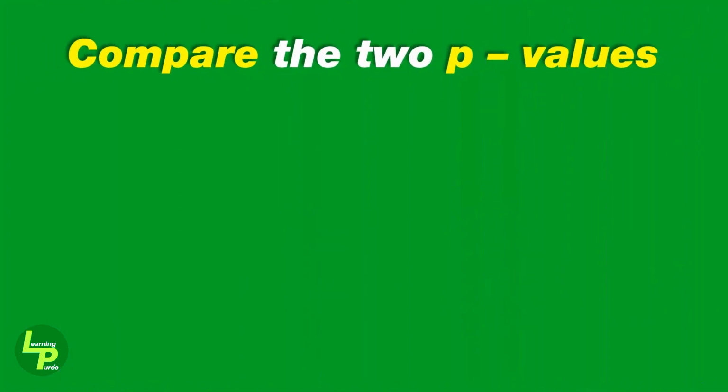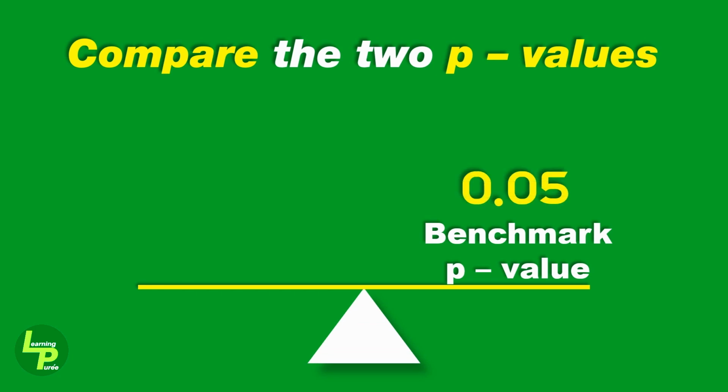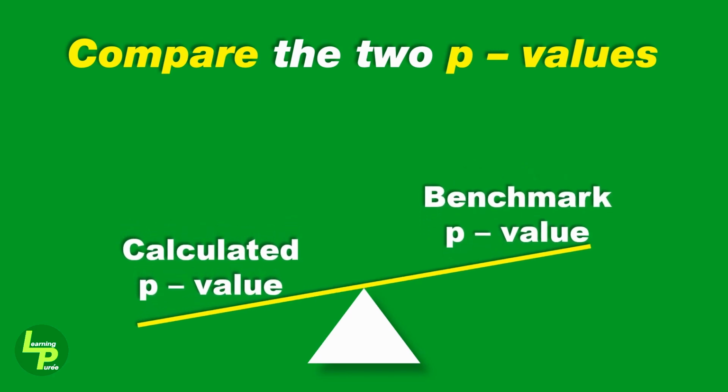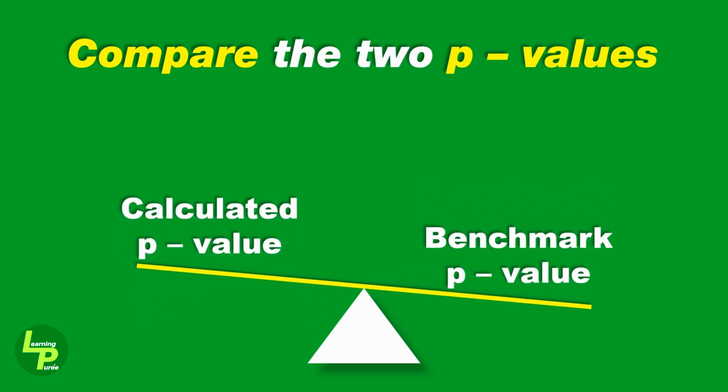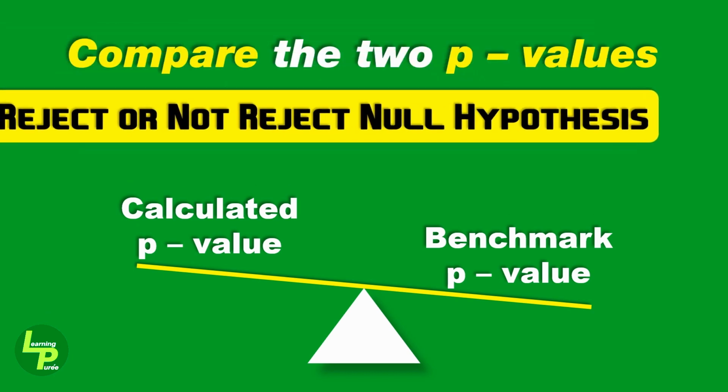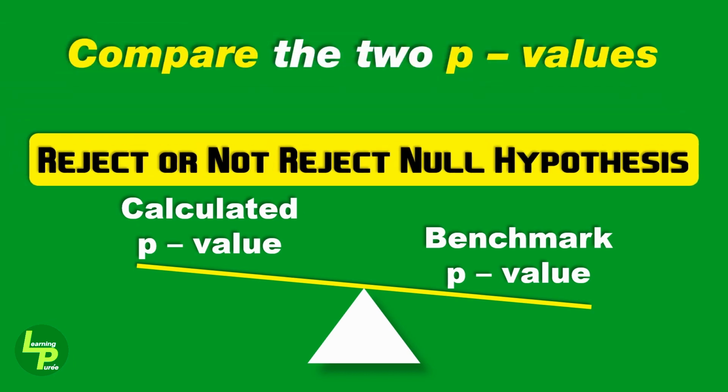Note that this is the p-value that has been set as a benchmark to reject the null hypothesis. We have not yet calculated the p-value for the sample under consideration. The calculated p-value of the sample will be compared with the benchmark p-value, that is 0.05, to either reject or not reject the null hypothesis.